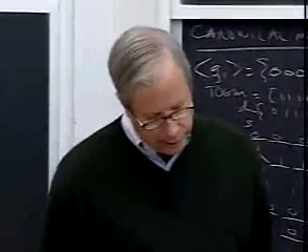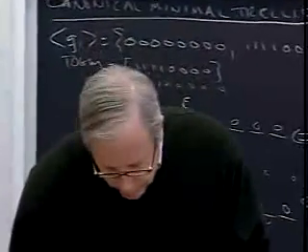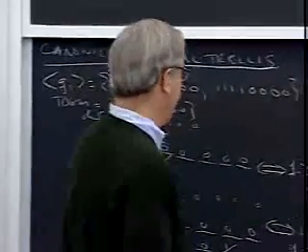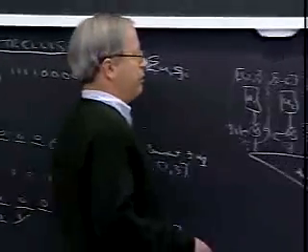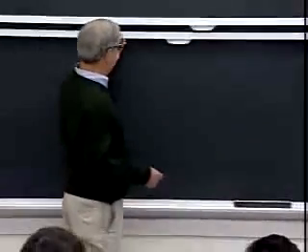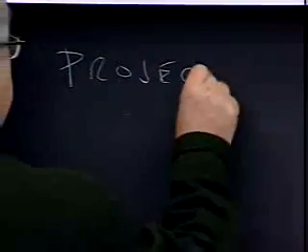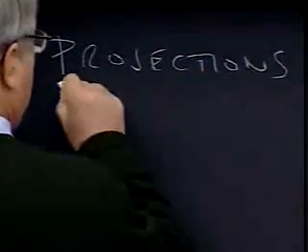Okay, there are just two more topics in Chapter 10, and maybe I'll discuss them both briefly right now. One is I skipped over projections. And how shall I introduce this subject?